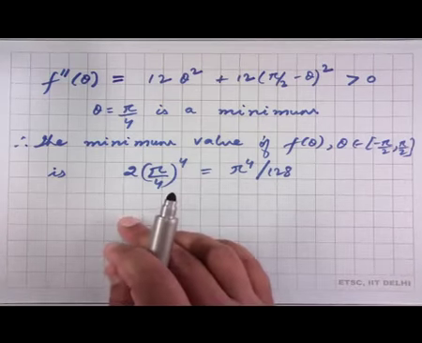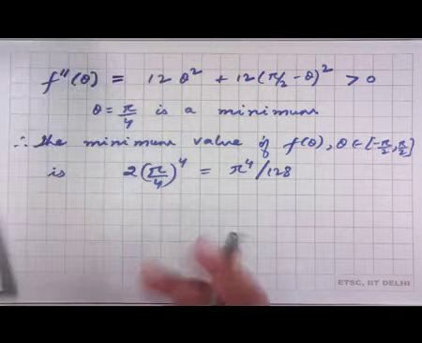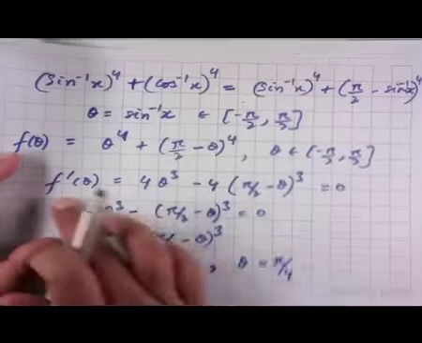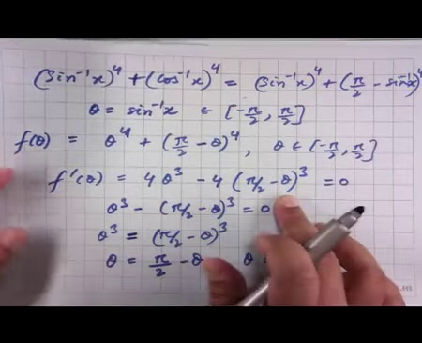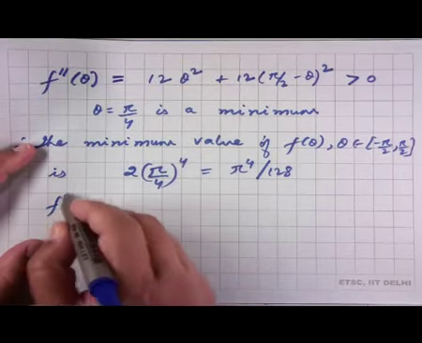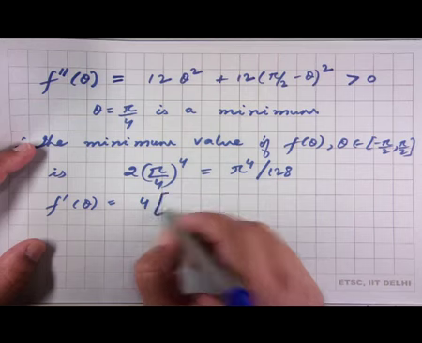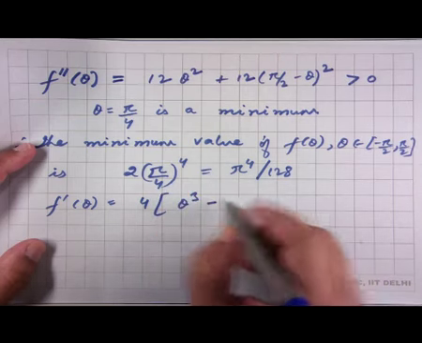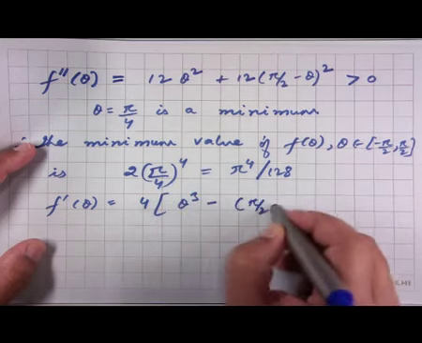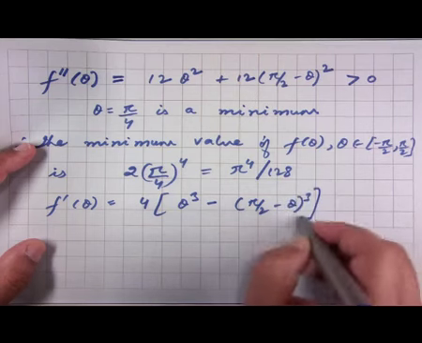So for that we have to look at the first derivative and see what is happening. The first derivative was 4 times theta cube minus pi by 2 minus theta cube.